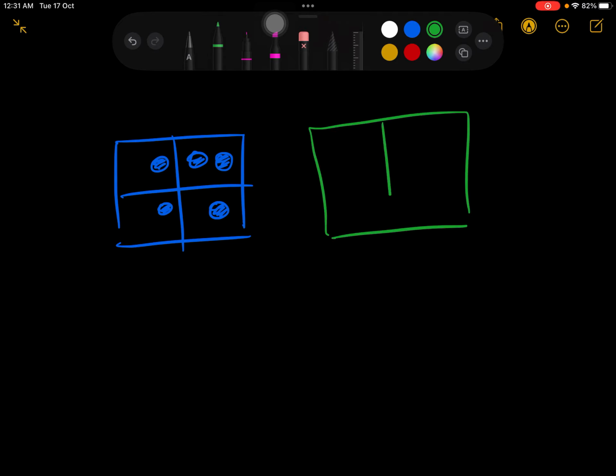Okay, maybe another situation. Sama juga, there are 4 boxes, but now I have 6 balls to be placed into the boxes. Jom kita masukkan. 1 bola, 1 bola, 1 bola, 1 bola. Ada lagi 2, kan? So the other 2 balls, maybe kita boleh letak 2-2 kat dalam ni, ataupun maybe letak 1 kat sini, 1 kat sini.